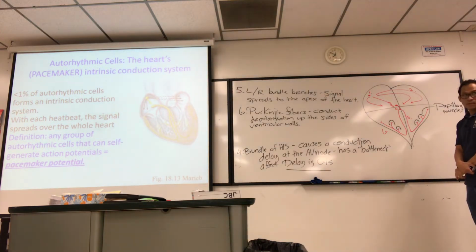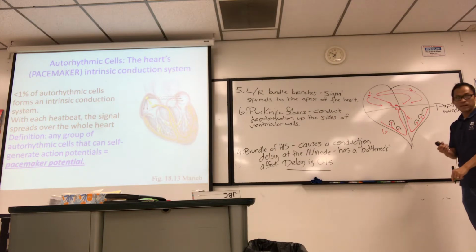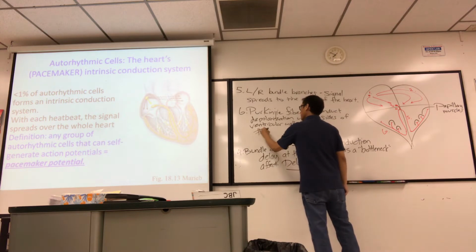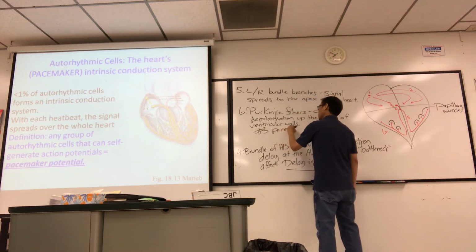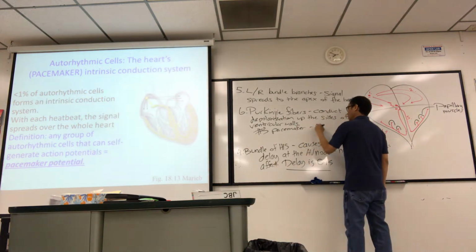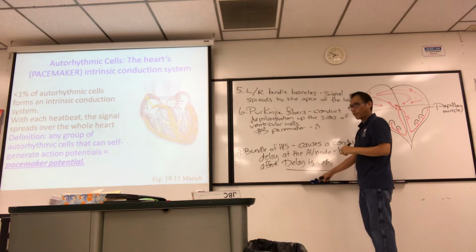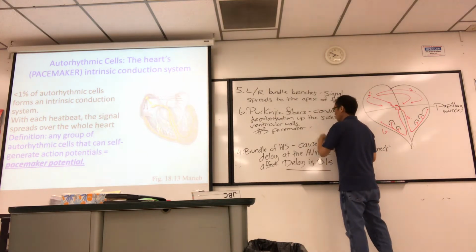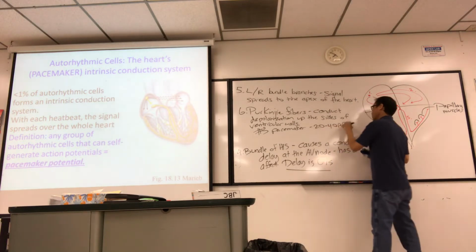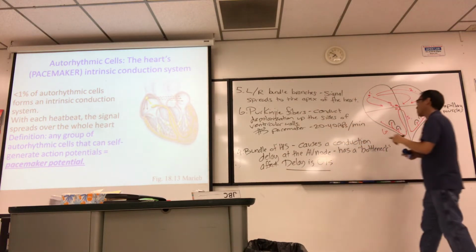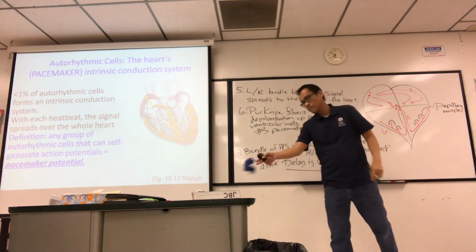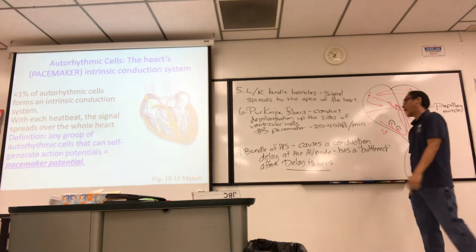They have pacemaker potential. They're your number 3 pacemaker. Cells could generate APs, something like 20 to 40, not very much. So they make the whole ventricle contract.